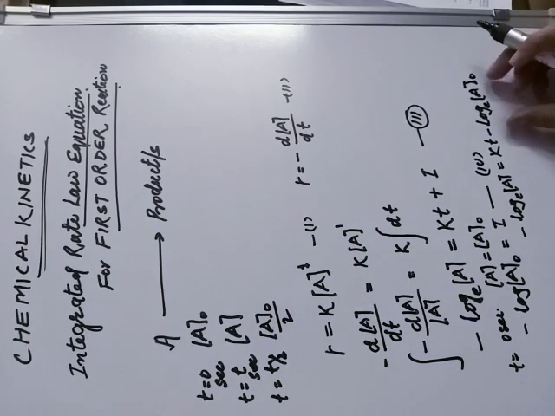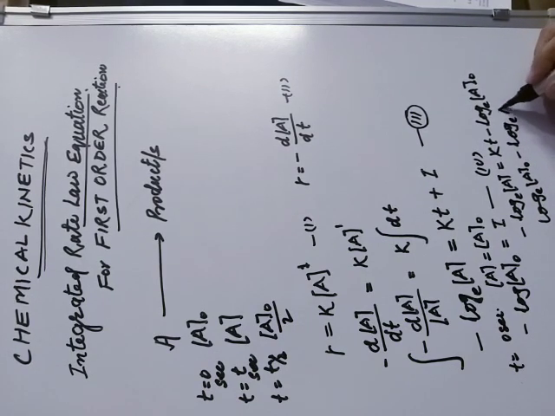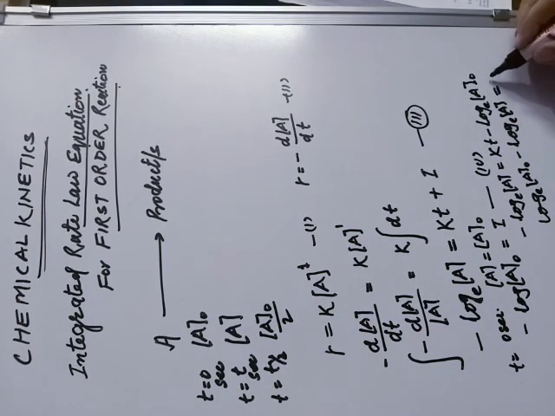We can put this value on this side, then log base e A naught will come here, minus log base e A is equal to Kt. Please take the screenshot of this.